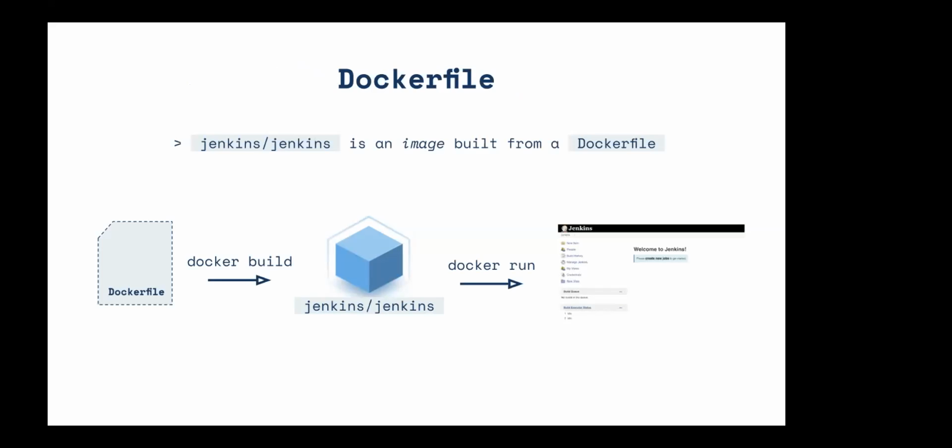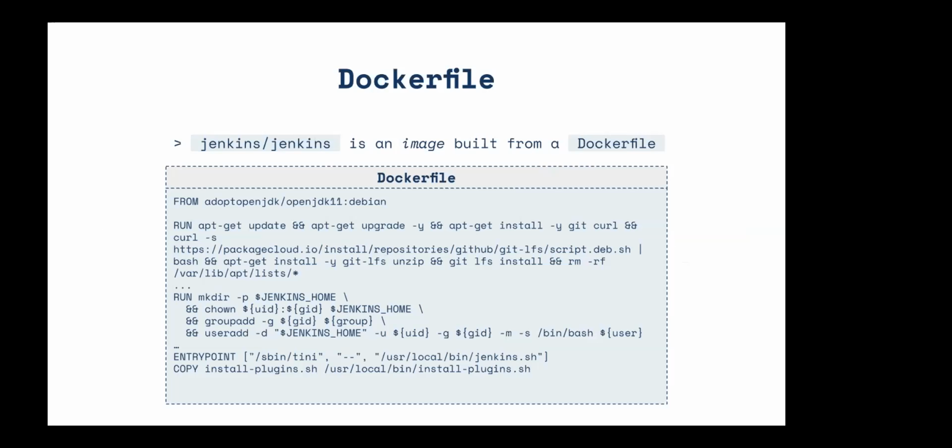I don't know how familiar you are with Docker, so I'll start from scratch. To understand how to modify our Docker image, we have to understand how the image is built. The Docker image is built from a Dockerfile, which is simply a list of instructions. If you look into the source code of the Jenkins image, you will see something like this.